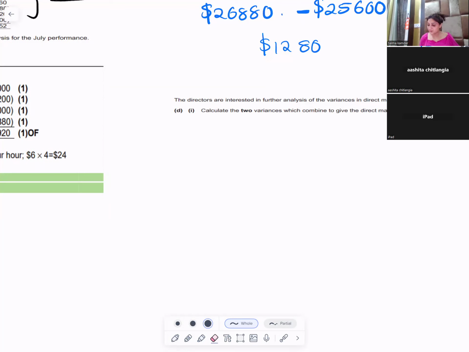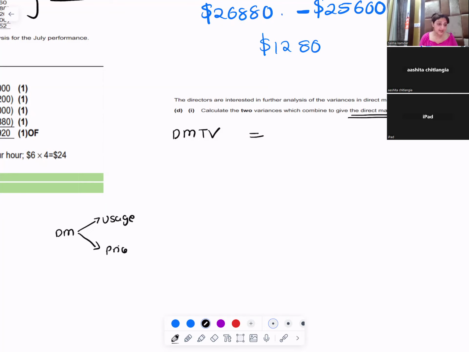Calculate two variances which combine to give the direct material total variance. Understand one thing: the direct material total variance is made up of two things, the volume and the price. For direct material, volume is called usage.